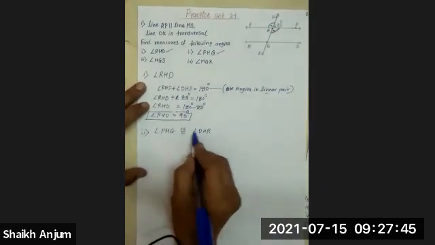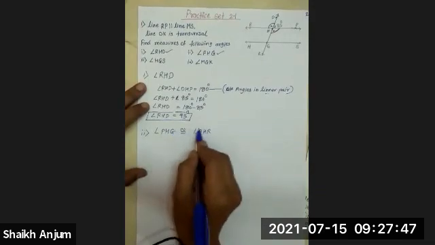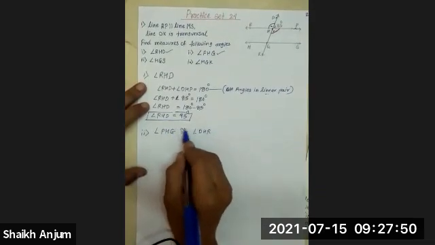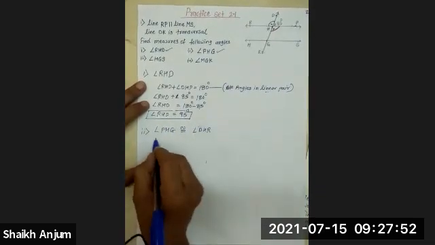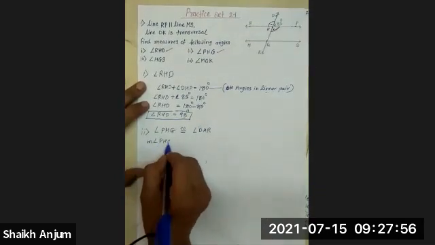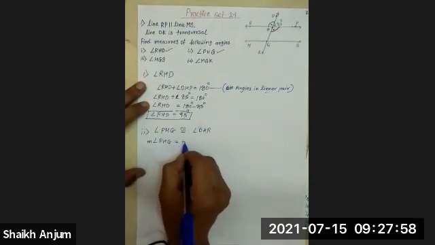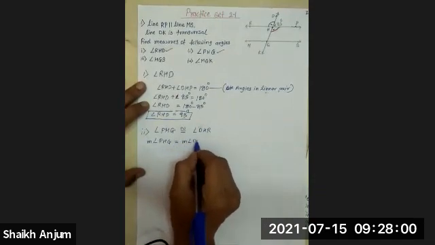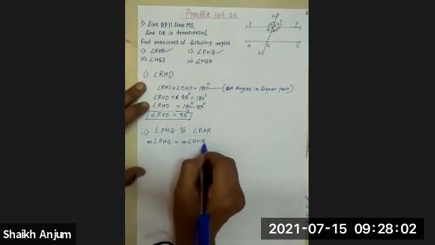So the measurements of both the angles will be equal to each other. So I will write here that measurement of angle PHG will be equal to measurement of angle DHR.